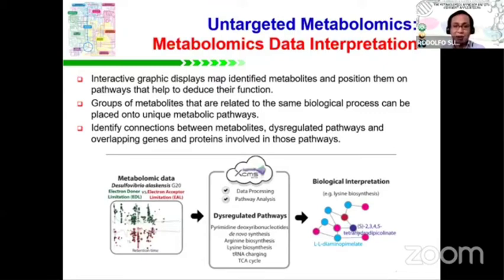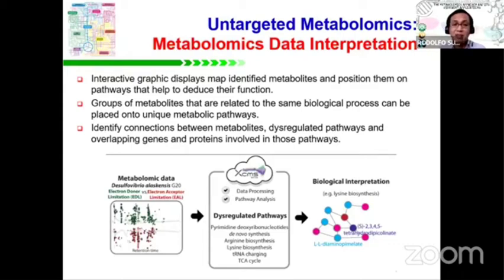It shows you the identified metabolites and positions them on pathways that help reveal their function. Okay, so it again goes back to the HMDB. One of the databases used by Metaboanalyst is actually the Human Metabolome Database, or HMDB. But other databases are also used, such as EML and also Metascience.